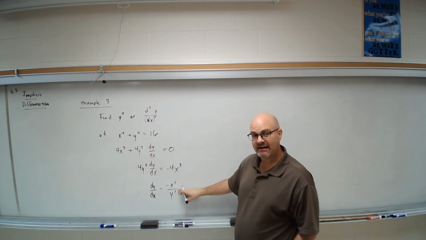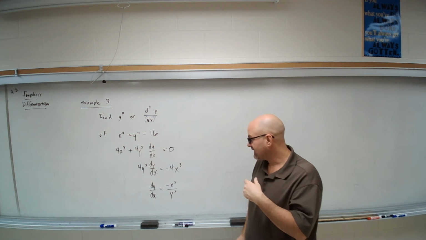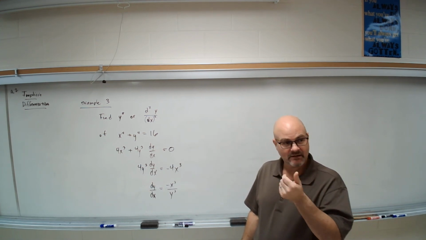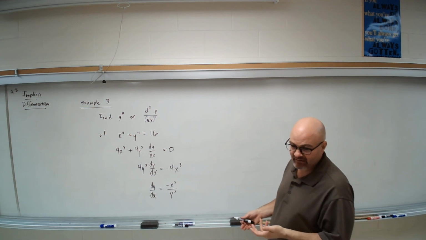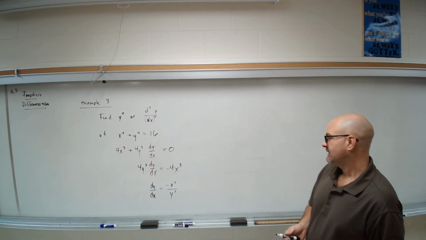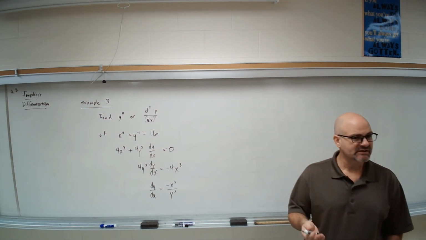This would either be as it's written, it would be a quotient rule, right? Or we could reverse it and make it into a product rule. It doesn't really matter, just whatever your preference is. I'm going to try to leave it as a quotient rule. Just see what happens here.